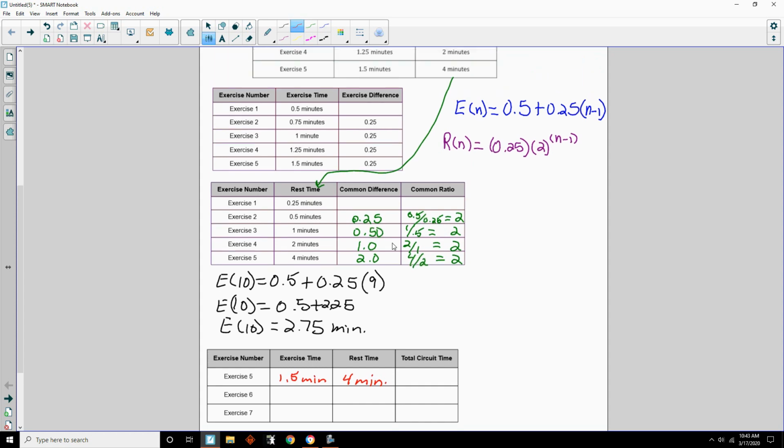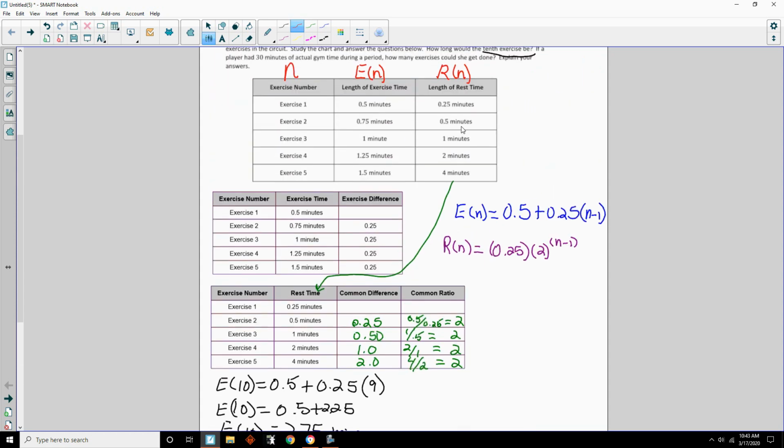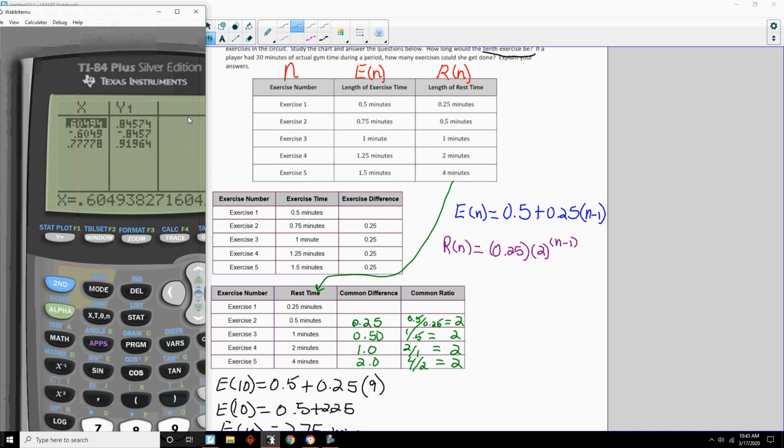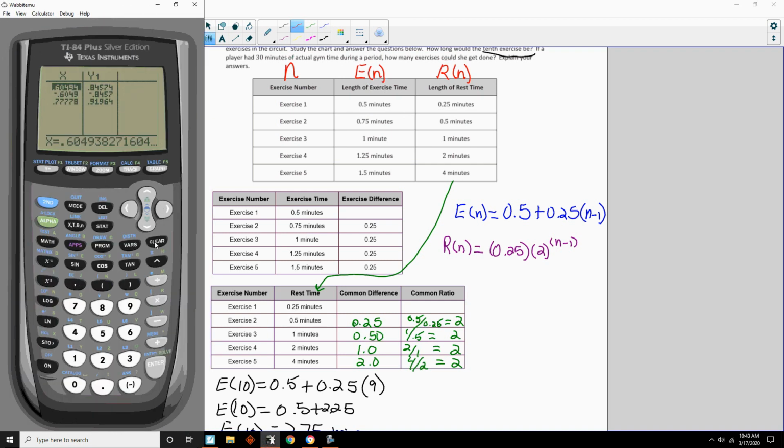So total circuit time would be exercise 1 is 0.5 plus 0.25. Let me just get a calculator for this so we don't mess it up. Okay, so we're adding length of exercise time and rest time for the first 5 to get our total for how long 5 exercises would last. Okay, so I'll go to my home screen here.